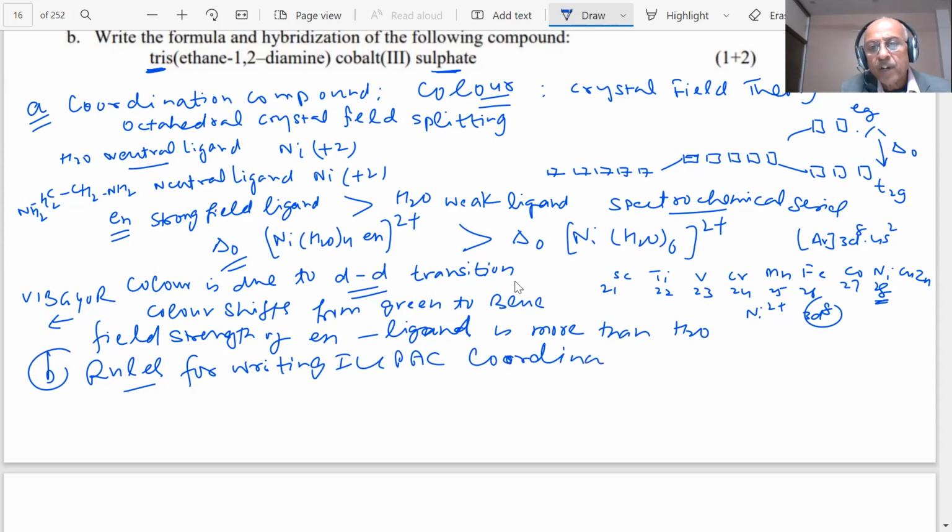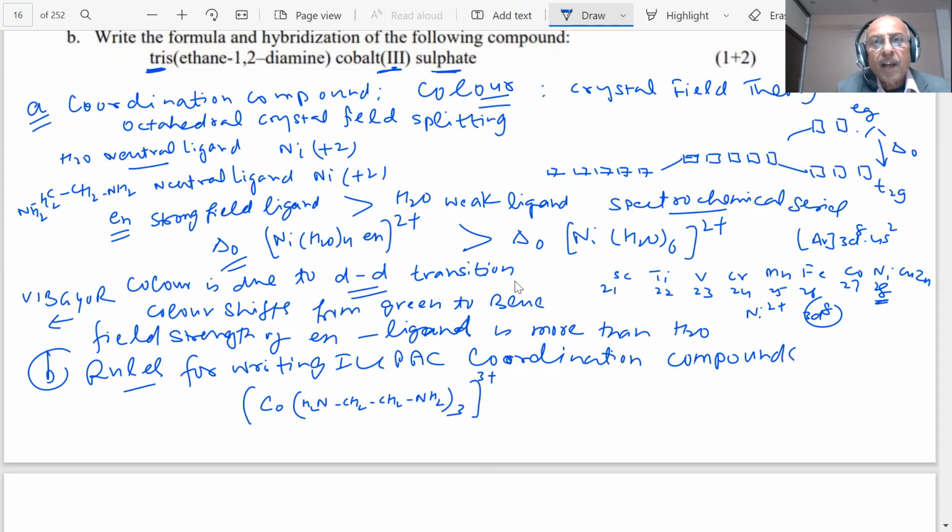Students, go to the NCERT and revise this if you have doubts about how you write the names. In this case, the oxidation state of cobalt is 3. So if I write Co, what is the formula of this compound? NH2CH2CH2NH2, three of them. This is a neutral ligand. The oxidation state of cobalt is 3+.